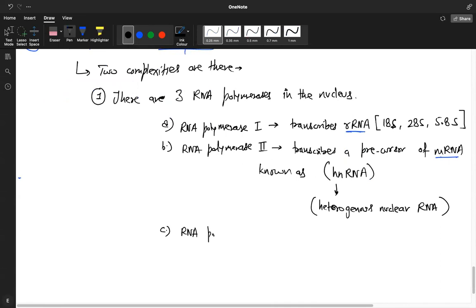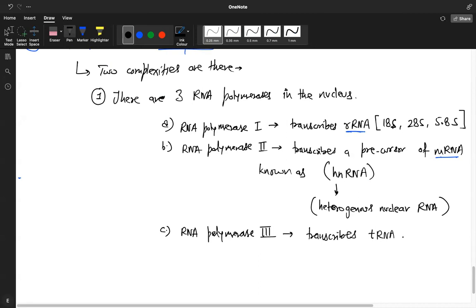And what will it be transcribing? What is left? This transcribes tRNA, right? rRNA and mRNA are done, so only tRNA is left, right?